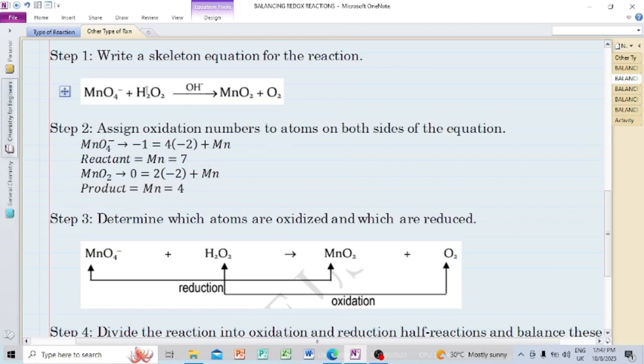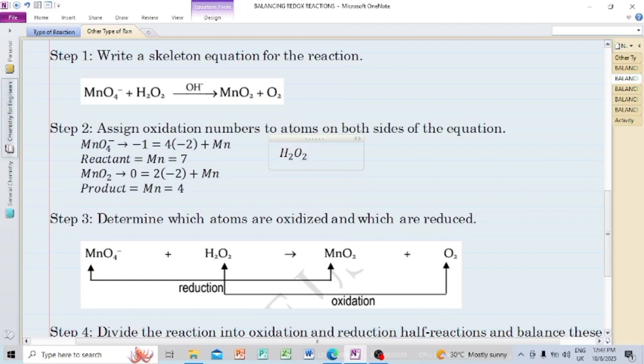Now let's have the hydrogen peroxide, H2O2.